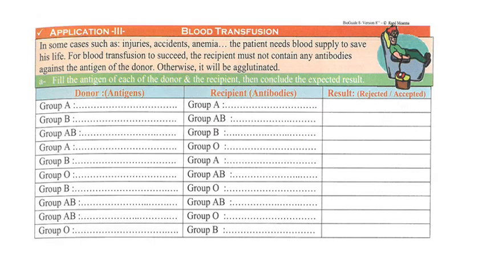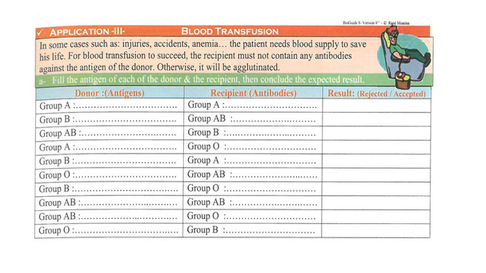Application 3, blood transfusion. In some cases such as injuries, accidents, anemia, the patient needs a blood supply to save his life. For blood transfusion to succeed, the recipient must not contain any antibodies against the antigen of the donor, otherwise it will be agglutinated.